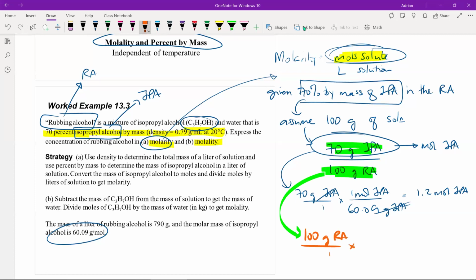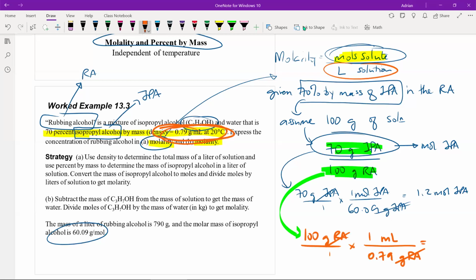Can we convert that to liters? Well, the answer is yes, because we're given the density of that. So we can use that density. It says for every 1 milliliter of that solution, we have 0.79 grams of rubbing alcohol. So that can go. I just took my density and I flipped it to make it a conversion factor. That would be useful to me.